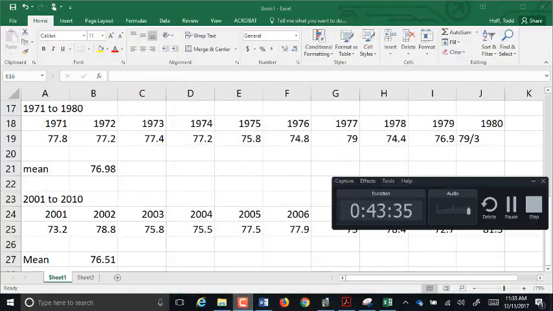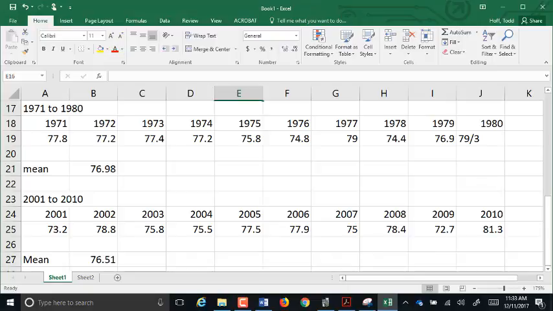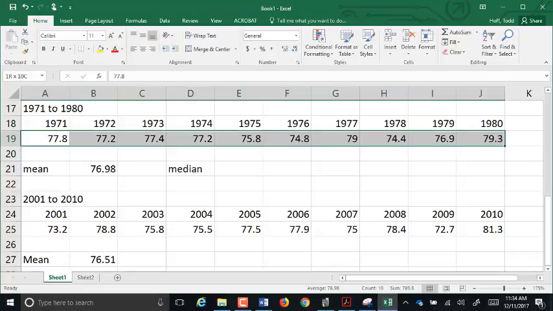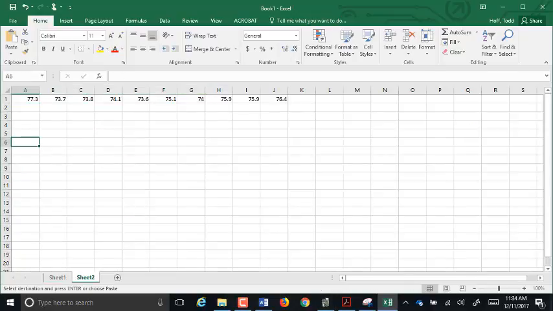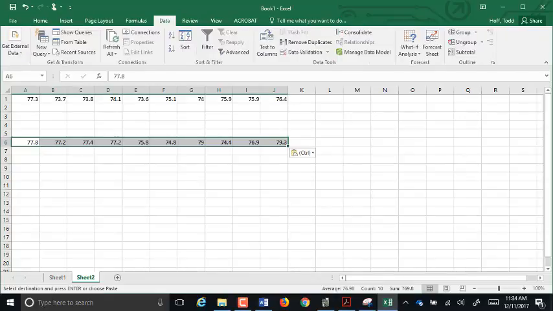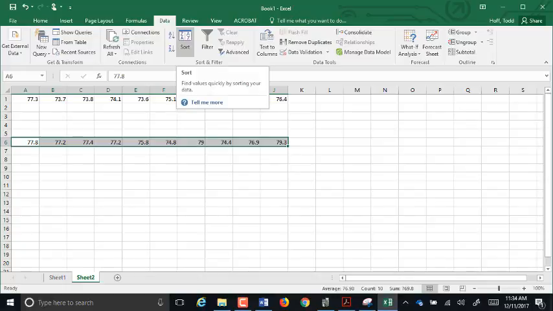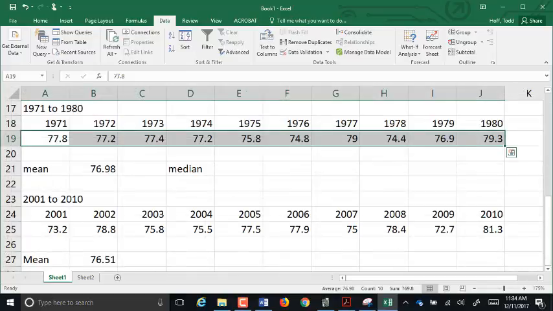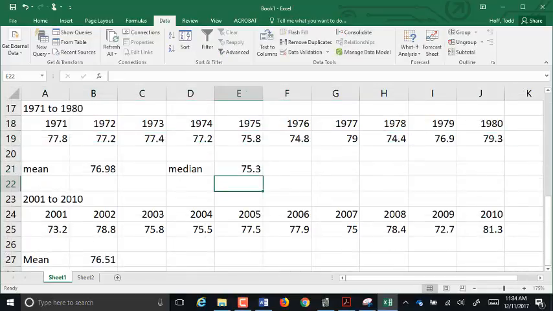How about for, let's do 1970 to 1980. 75.3. So that would appear to be a slight increase there again.